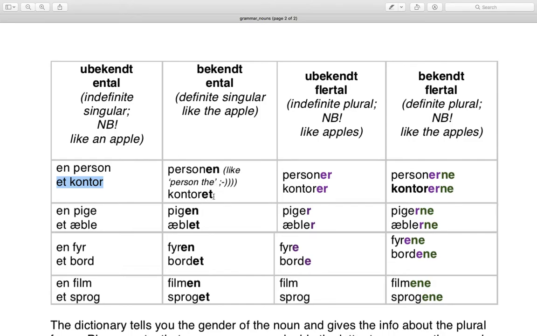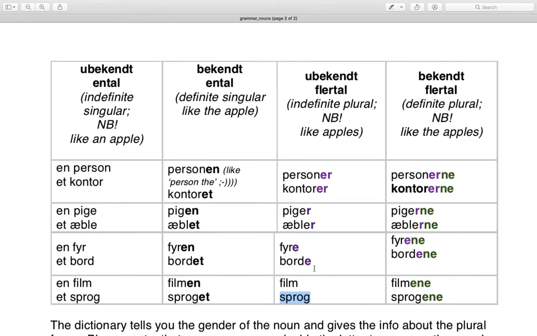Sometimes people pronounce it kontoret. Then if I want to make the plural, I should know which pattern of making the plural this noun takes. I can either add er, e, or just use the same form as in the singular. I call it a poor guy group.